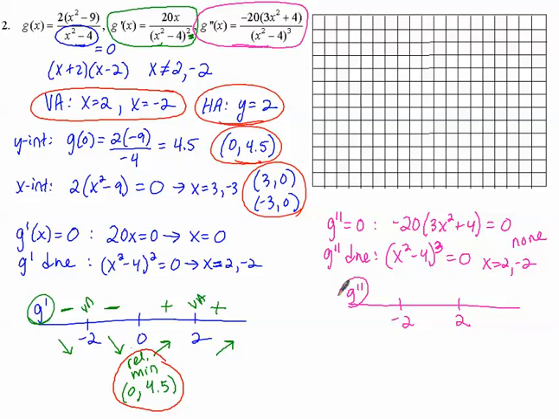Testing g double prime in our number line, picking something to the left like negative 10 and testing it in our second derivative, it looks like we get negative, and then something between, which is 0. 0 plugged in looks like a positive ultimately.